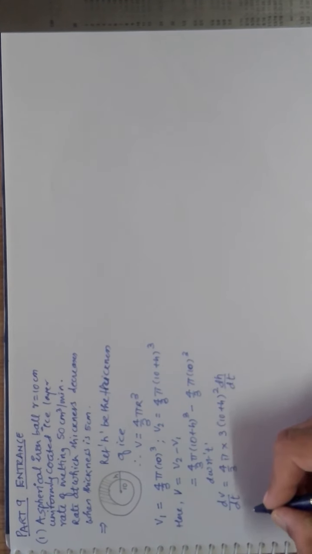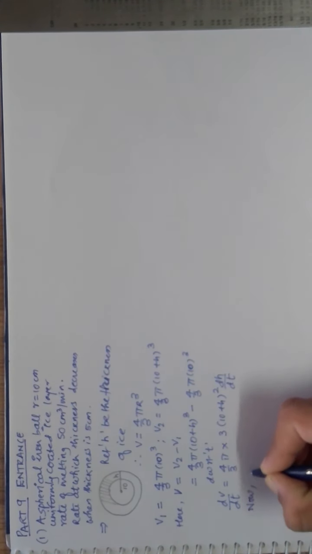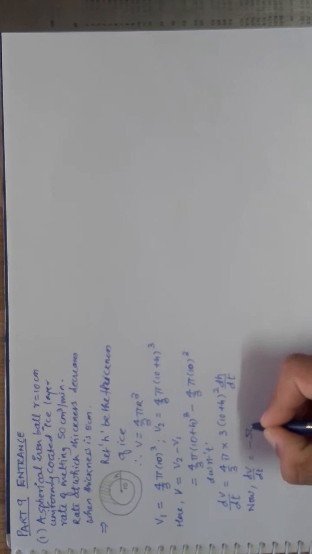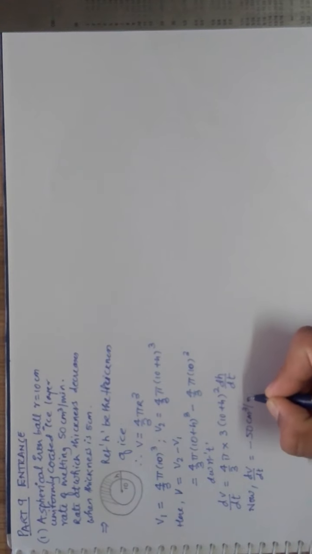Now here it has been told to you that dV by dt is minus 50 cubic centimeter per minute. Remember what I said, it is a decrease, that is why we show it using a minus sign.